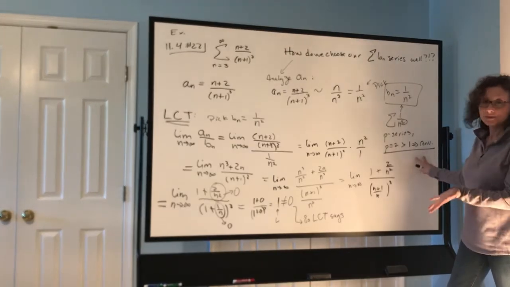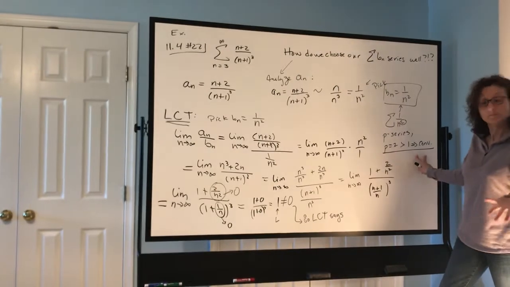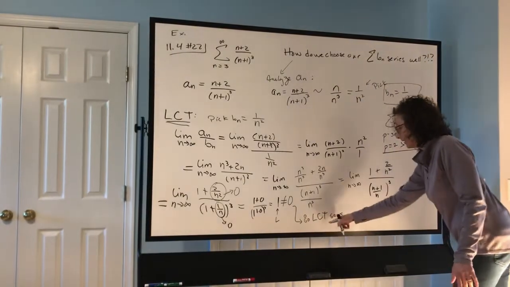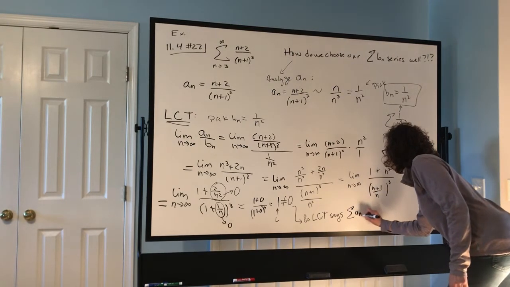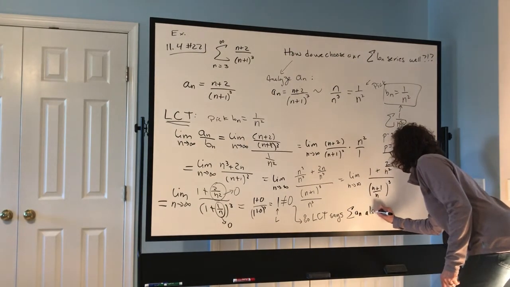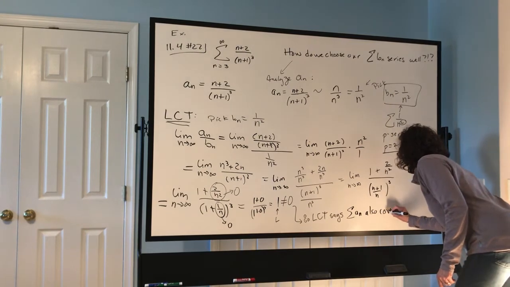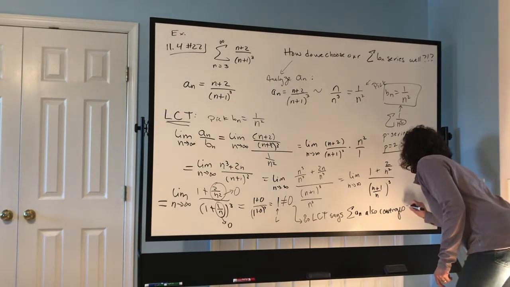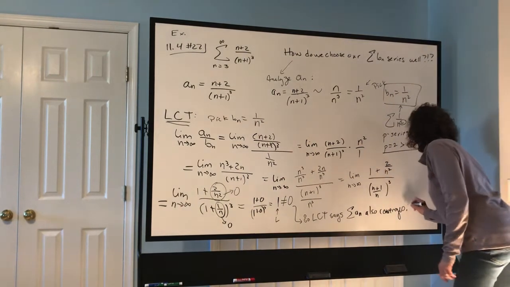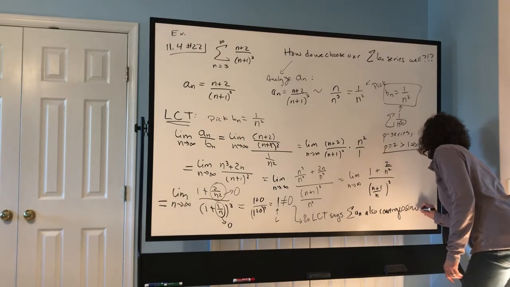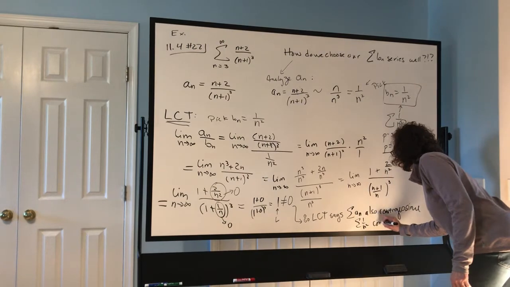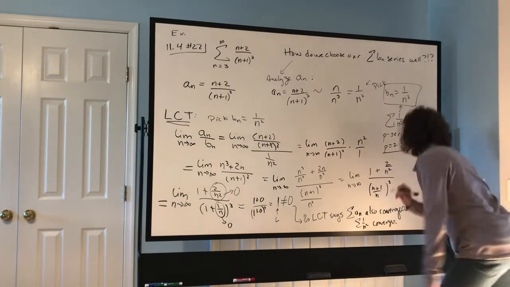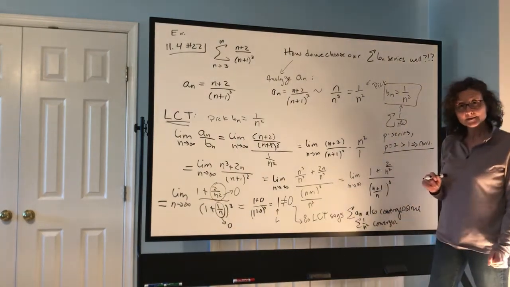Therefore, the limit comparison test says that the sum of an also converges. If we just want to at least put that in there: since the sum of 1 over n squared converges. Make sense?